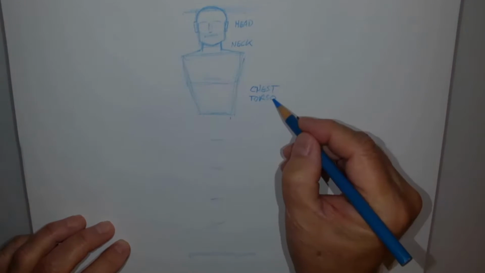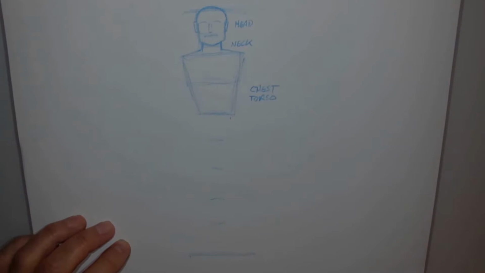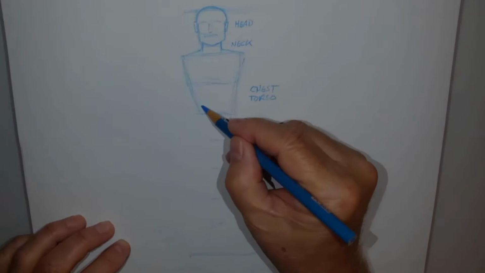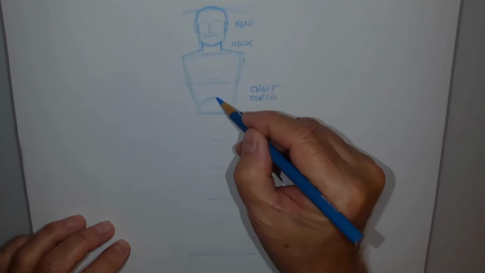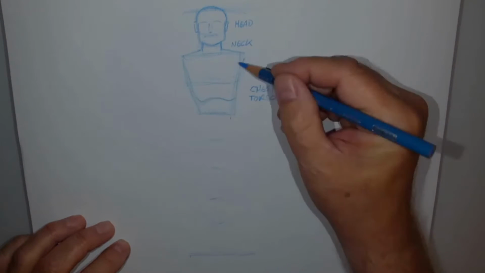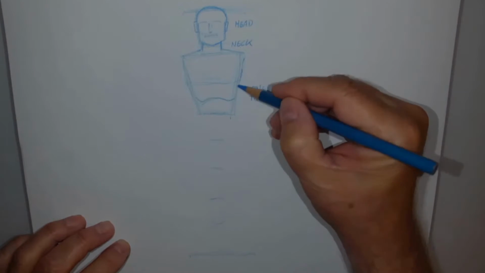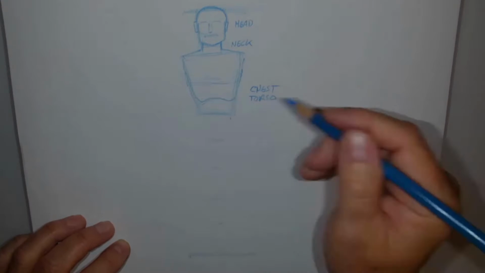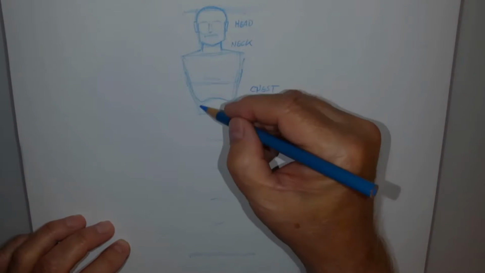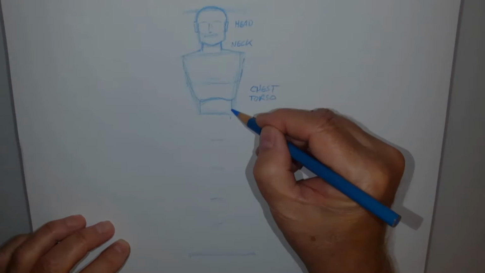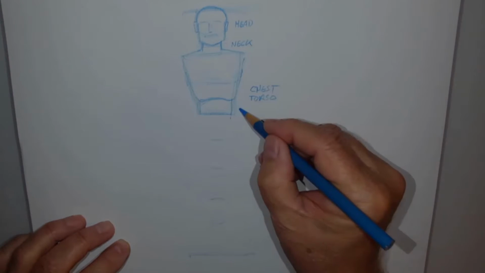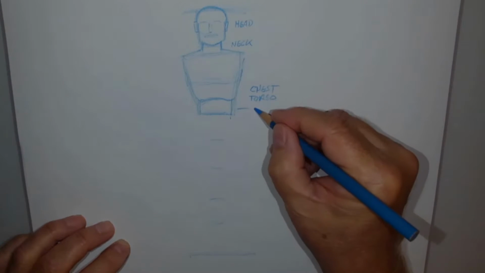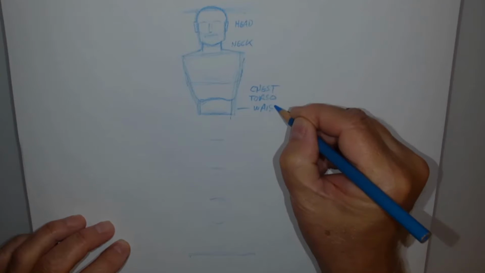Okay, so what that includes is the rib cage, and usually that rib cage has a shape like this, and then it comes up. Okay. And then what we have below that is, again, we can put another square in here, and what we have in this case is a waist.